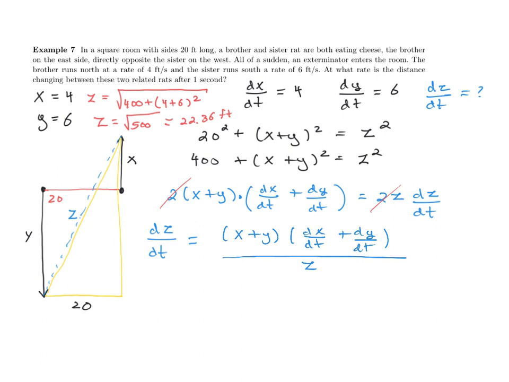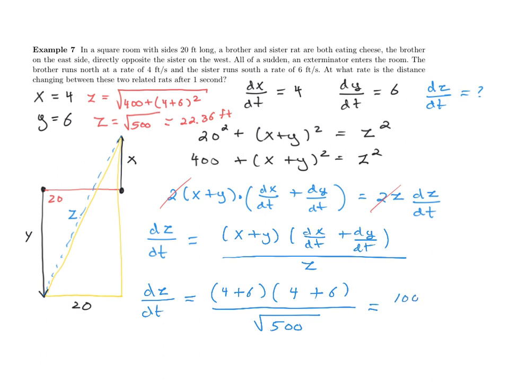And I know all of those things. I'm just going to plug these numbers in and see what we get. Okay, so x is 4, y is 6, dx/dt is also 4, and then dy/dt is also 6. And z, the exact value, I'll put in the exact value, it's the square root of 500. So let's see, the top is 10 times 10, which is 100 over the square root of 500.